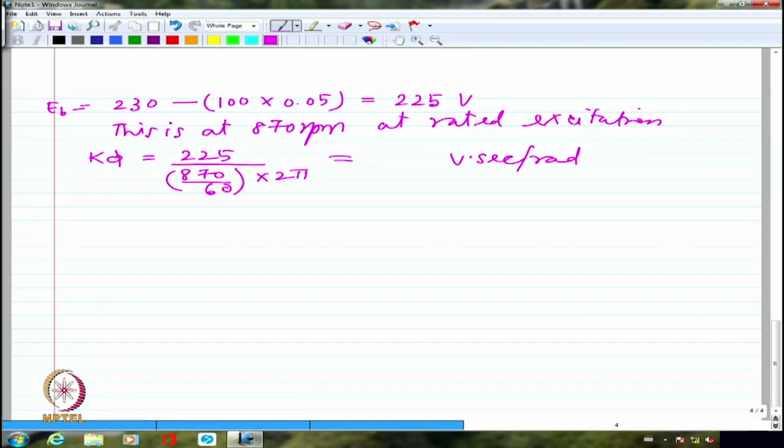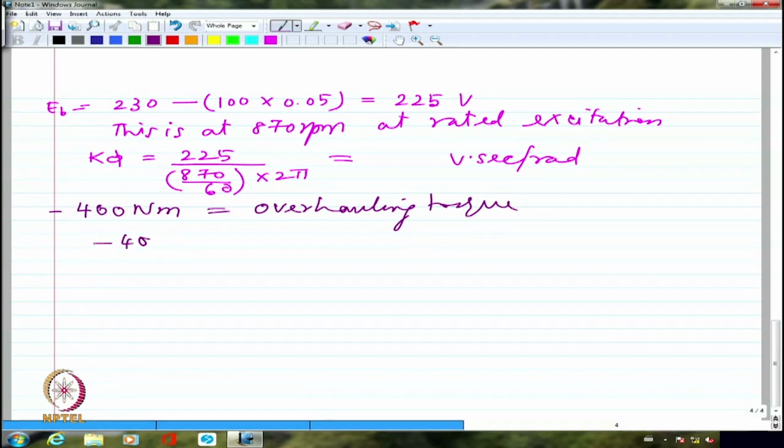Okay. Now what is being said is 400 Newton meter is the overhauling torque, which is actually, I should say, minus 400 Newton meter. So I should say minus 400 divided by this K phi should give me the value of IA, which will be actually a negative armature current.